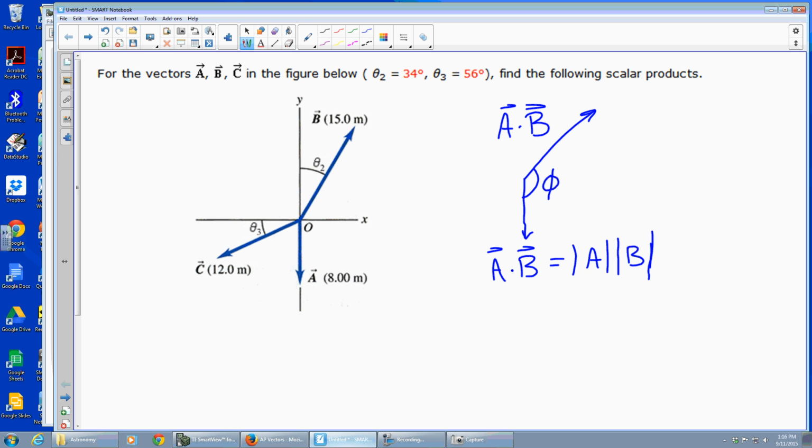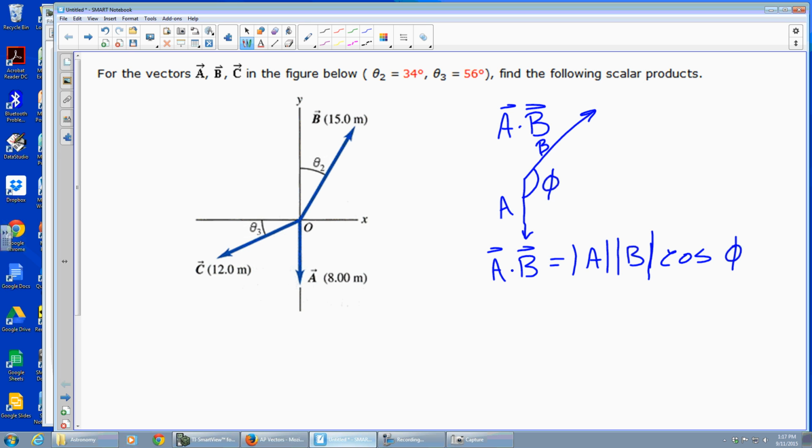Cosine, right? It's a little hard to see here because I could think of it as the components of B.